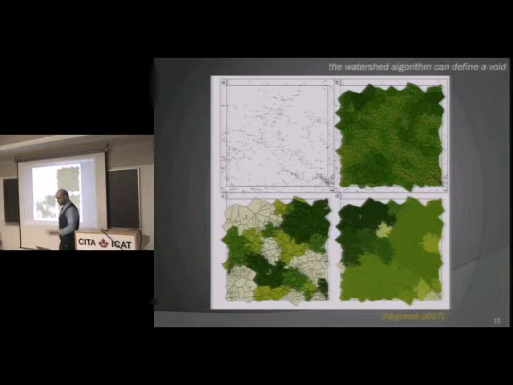So the approach we're going to take is a purely topological approach to identifying voids. It's a combination of Voronoi tessellations and what's called the Watershed algorithm. The Voronoi tessellation is just a phase where we take a set of tracers.